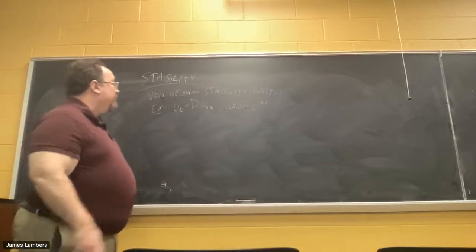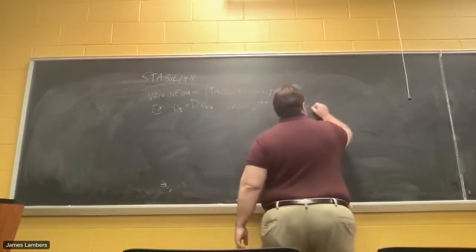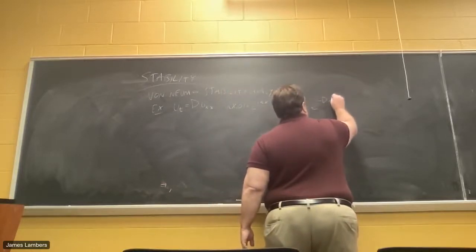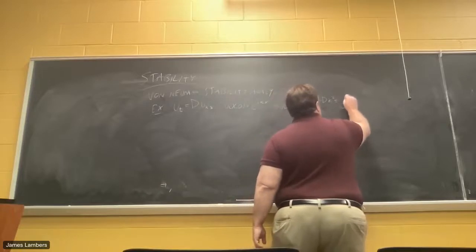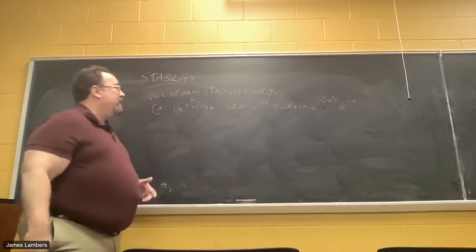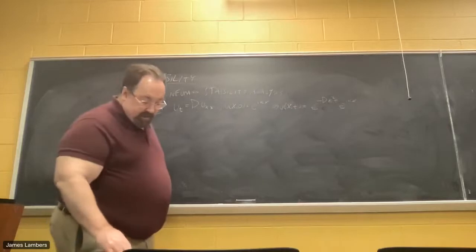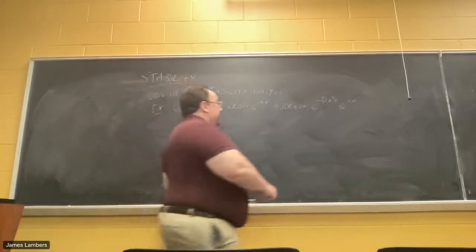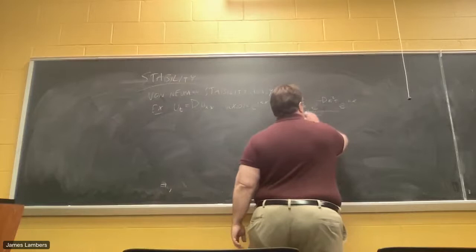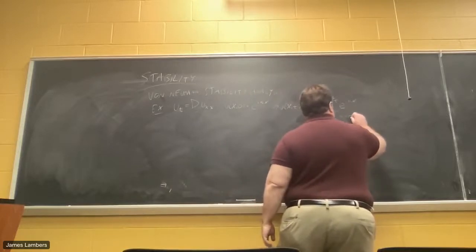So in that case, the exact solution turns out to be e to the minus D k squared t times e to the i k x. So your exact solution is a multiple of your initial data. It's multiplied by e to the minus D k squared t. This is labeled capital G of k, and it's called a growth factor.